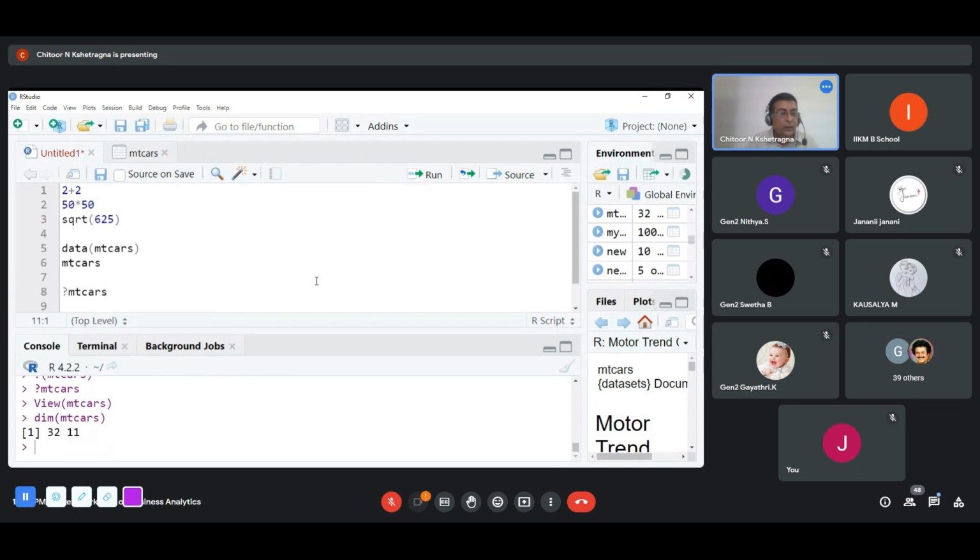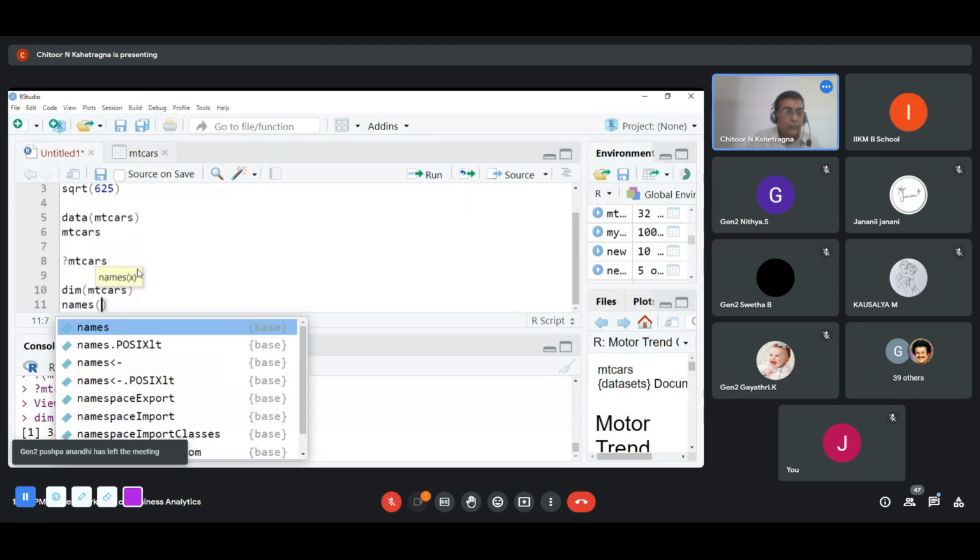What it tells me is I've got 32 rows across 11 columns. This is what the dimension is. I use what's called dim, for dimension. You're able to see the dimension. It tells me there are 32 rows across 11 columns.